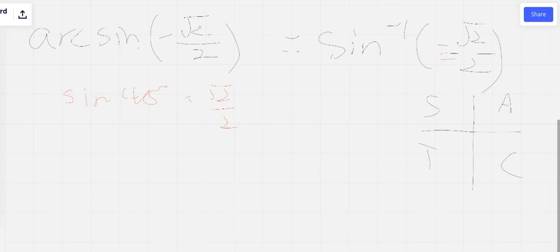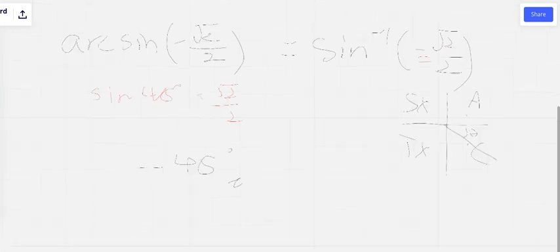So we know it will never be here, nor here, and it might only be here. So the answer will be something like here, related to 45 degrees.